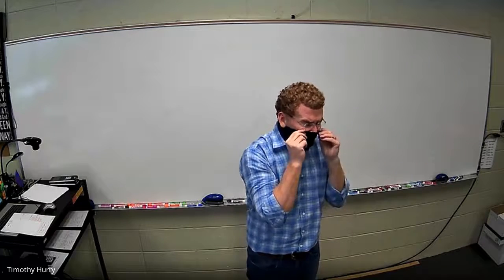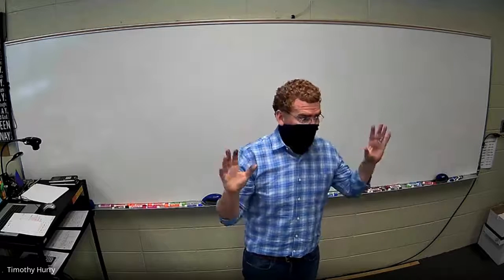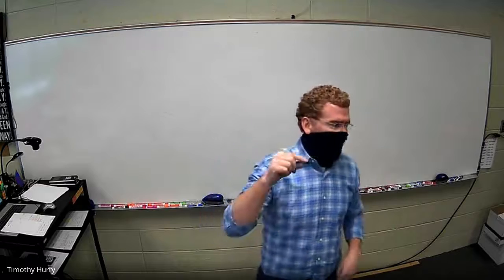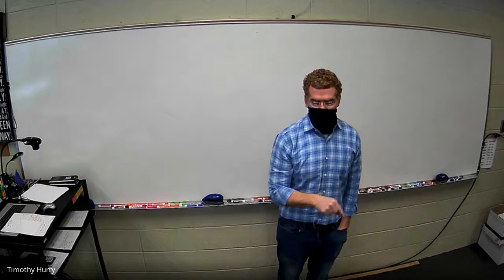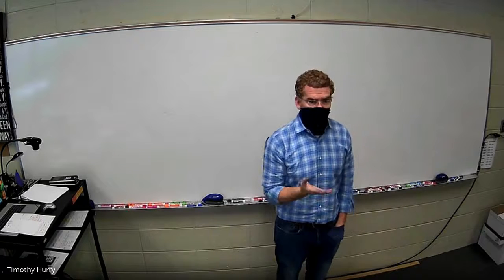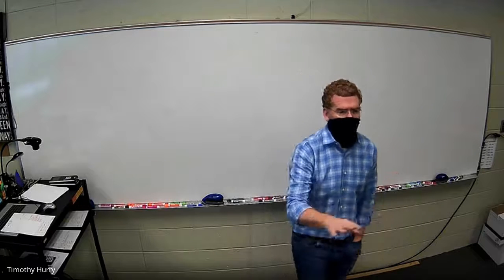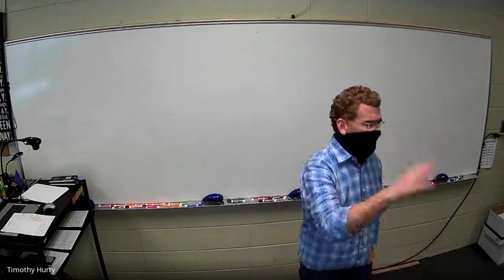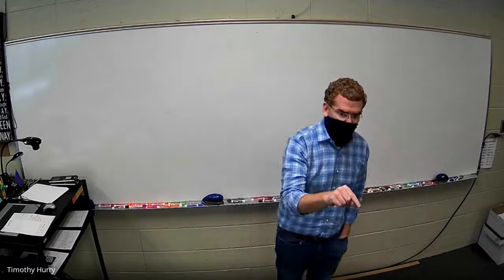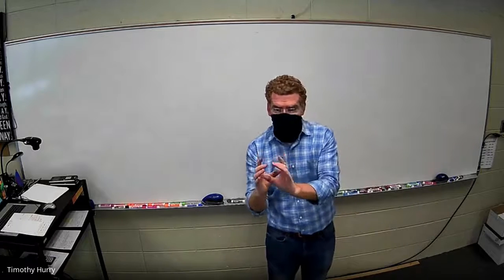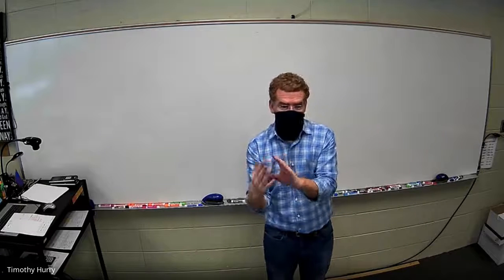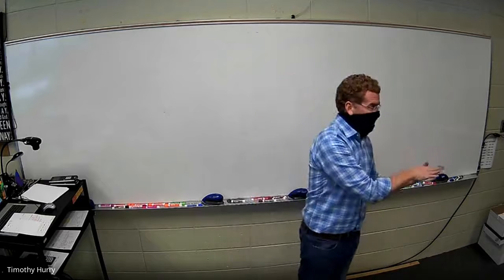So if you ever find yourself using law of sines to find an angle, not a side, who cares about sides? Finding sides is not a big deal. Finding angles, because when you have that theta or that alpha in there, you're going to have to inverse sine, right?